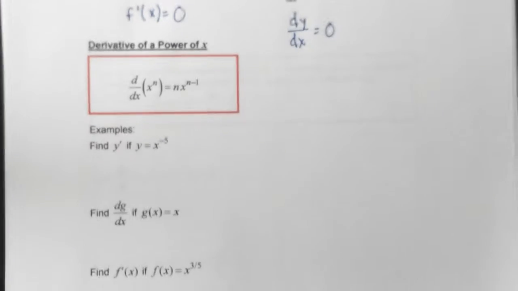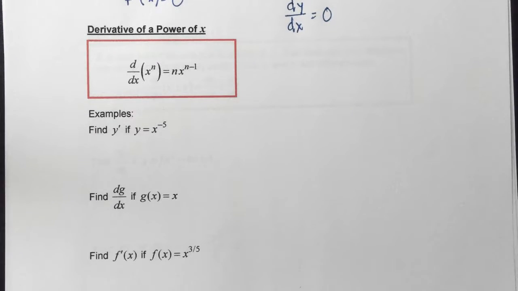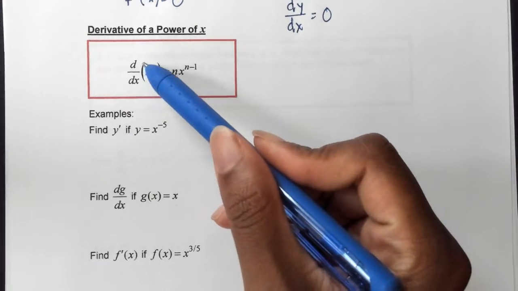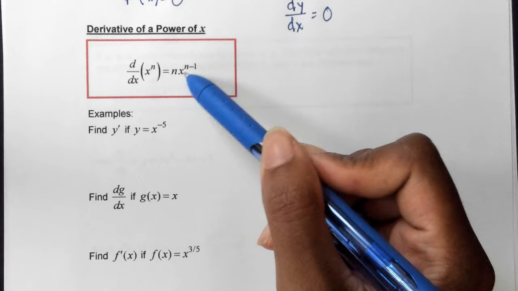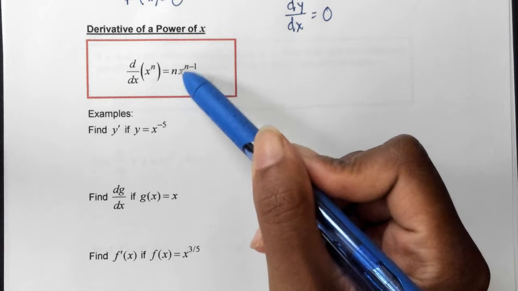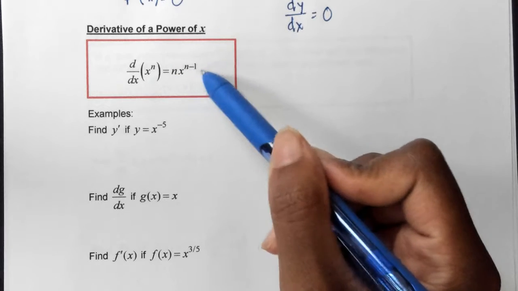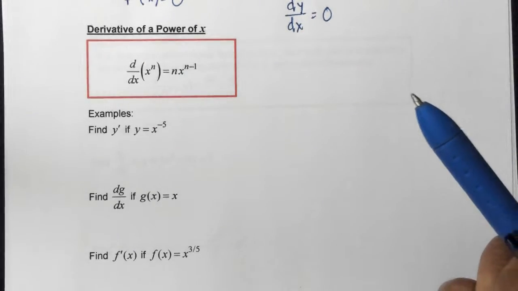The next rule is the derivative of a power of x. So if I want the derivative of x to the n, that's the same as putting n in front of the function and subtracting 1 from the exponent.